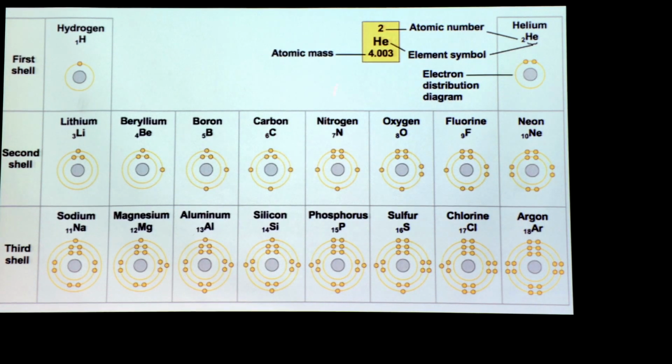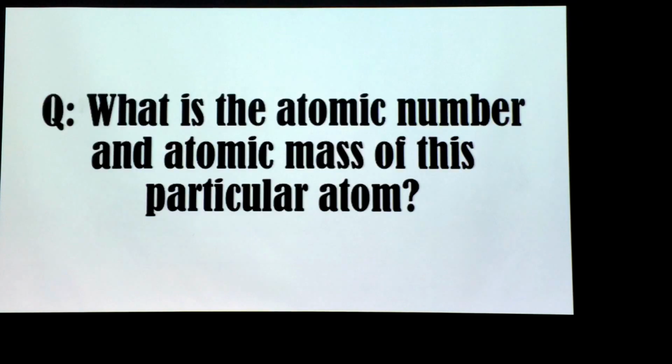This particular chart doesn't give the entire atomic mass, but as you see up here, if we look at helium, 2 protons, the atomic number is the number of protons inside. 2 protons plus 2 neutrons plus 2 electrons, and that would give us 4.003.